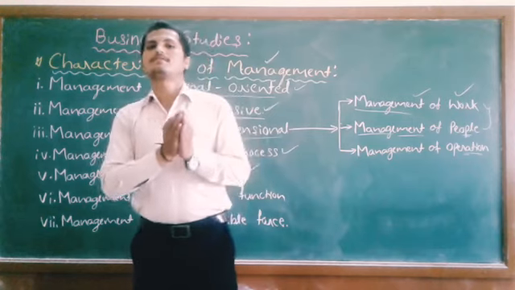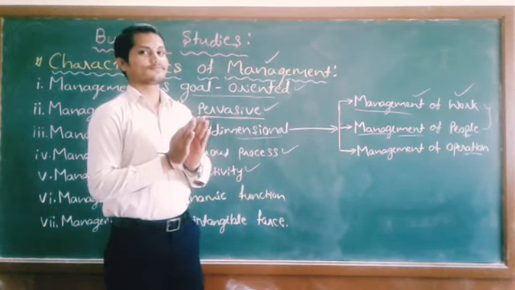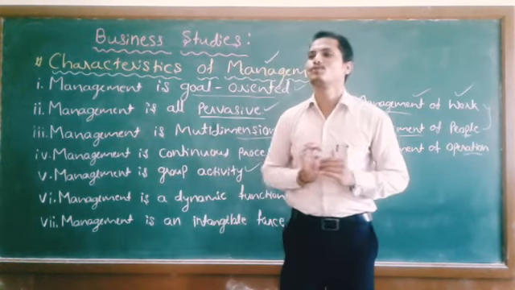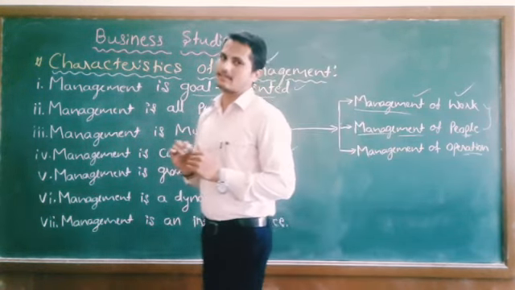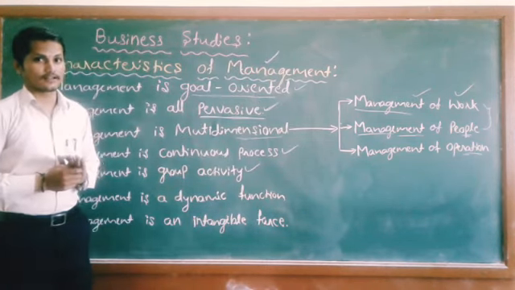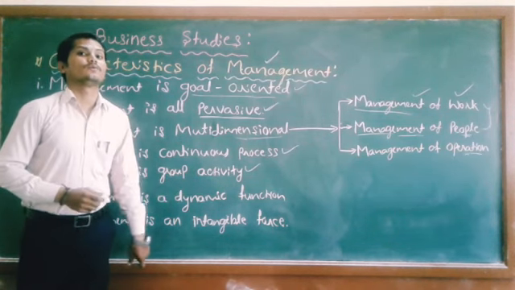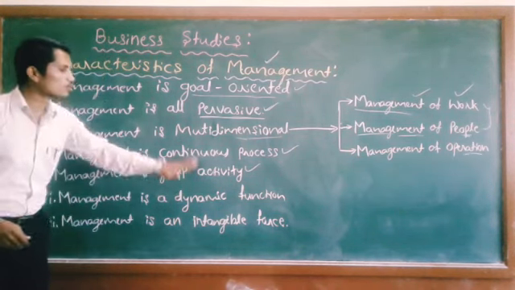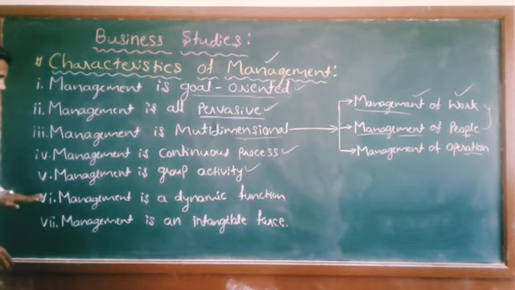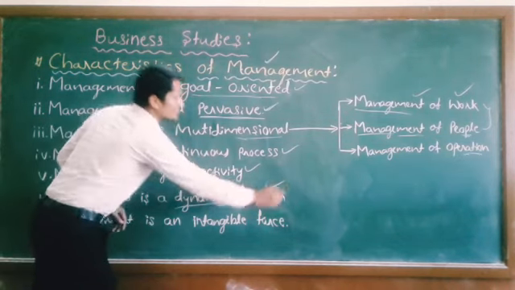All those departments work differently, but they work together for achieving the same goal of that organization or management. Clear? That means management is not a single activity, it is a group activity.